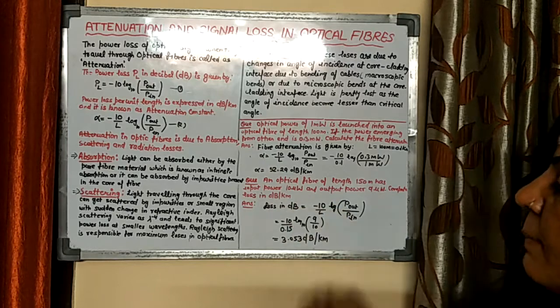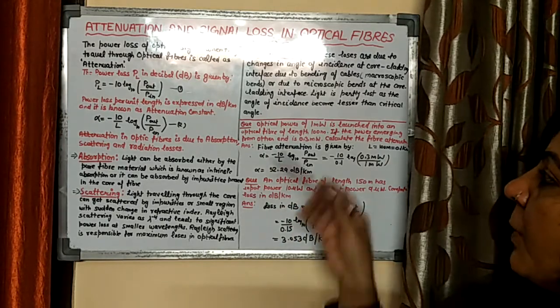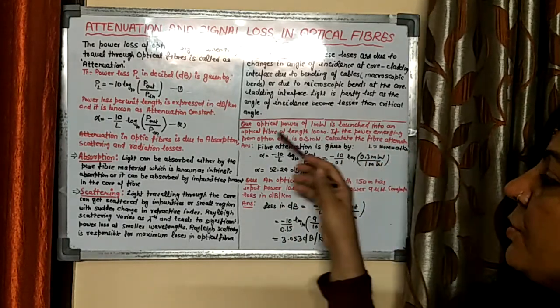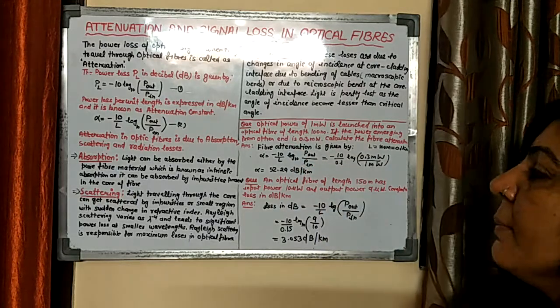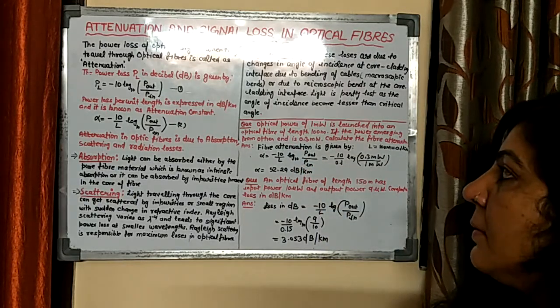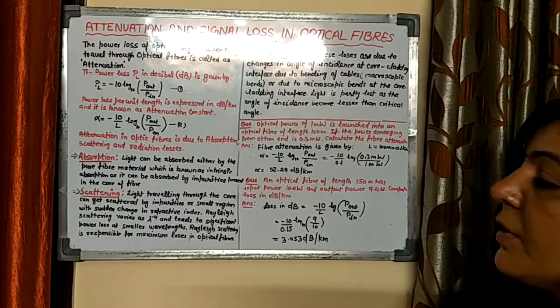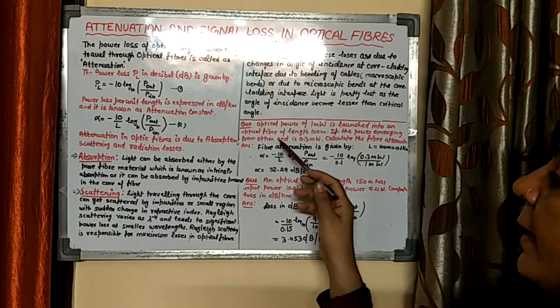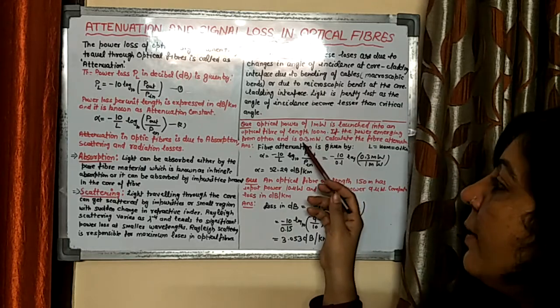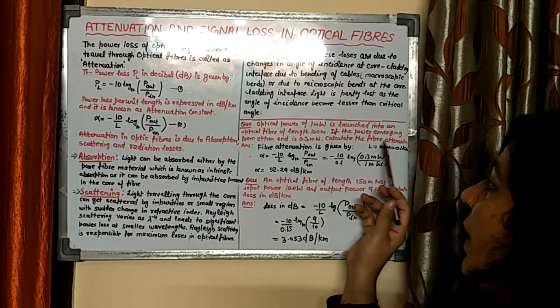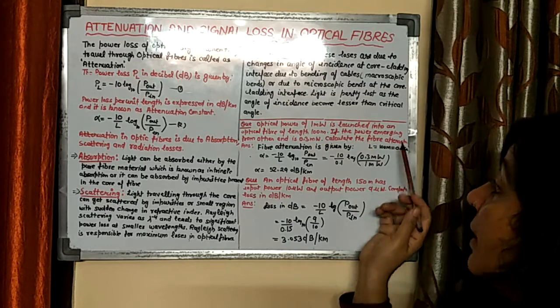Now we have two examples here. First one is: an optical power of 1 milliwatt is launched into an optical fiber of length 100 meter. So you have an optical fiber of length 100 meter, the optical power at the input end is 1 milliwatt, and at the output end we are getting only 0.3 milliwatt. We have to find the attenuation.